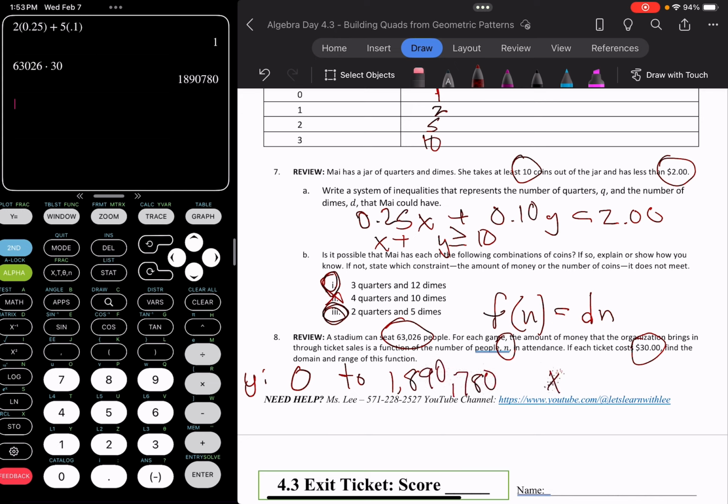And then for our x values, our inputs can be anywhere from 0 people to 63,026 people. So this is really just a review to see that you know what your domain and range is.